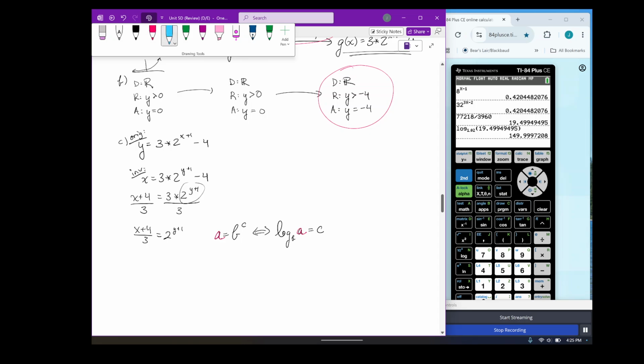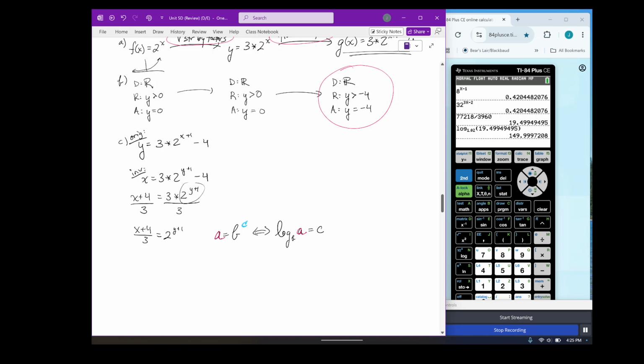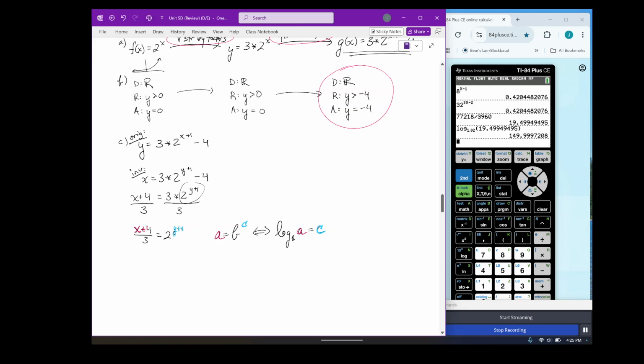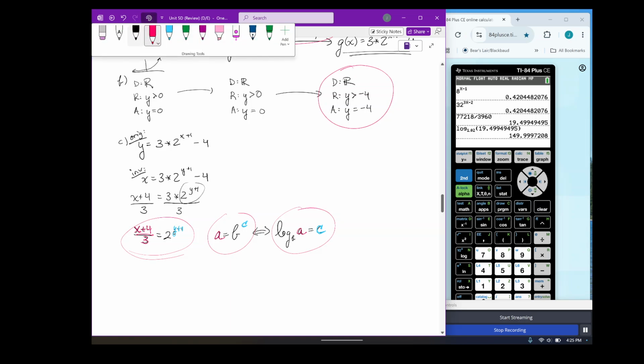So let me do this. Sorry if colors aren't your thing. Okay, now if you match this stuff up, the b is the 2. The power is the y plus 1. And the a is this whole term, x plus 4 over 3. And now what we want to do is rearrange the form that we're in, which is like this one, into the other form, right? So that's going to turn into log base b.